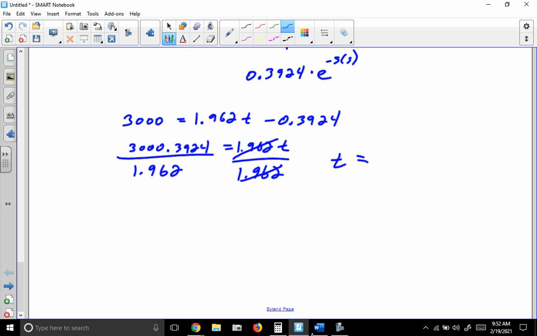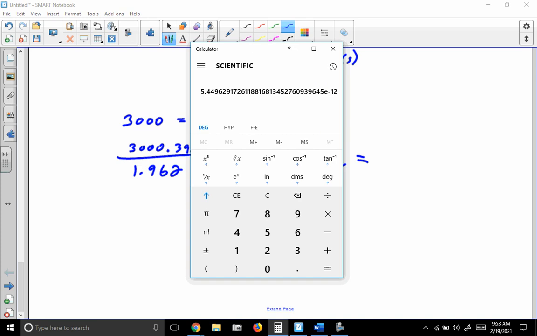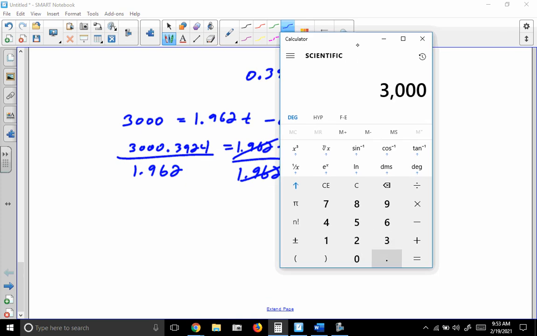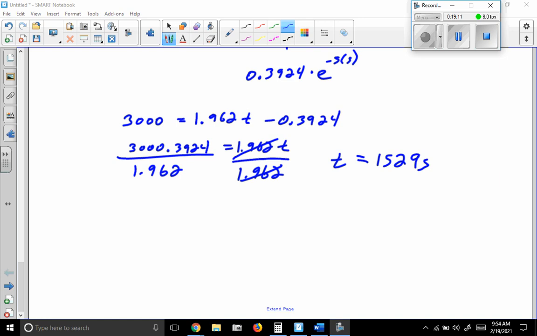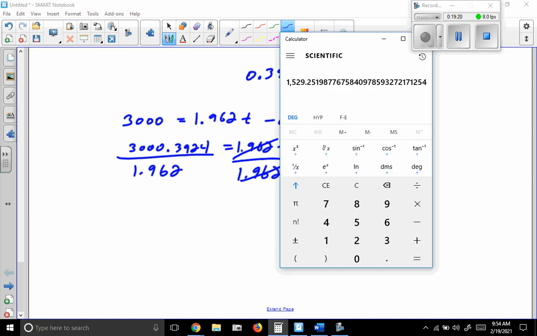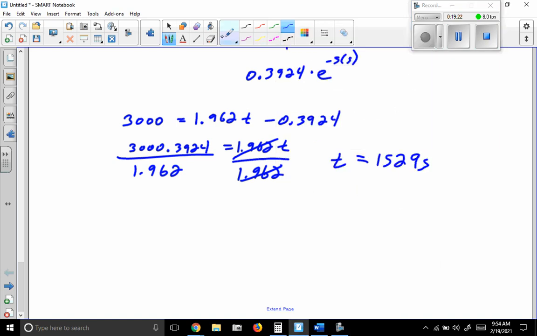So we get t to be 3,000.3924 divided by 1.962, which is 1529 seconds. Now that sounds really large. So I went into my math lab and I checked, and this is the correct answer. They do want us to go to 2 decimal places here. So 1529.25 seconds.